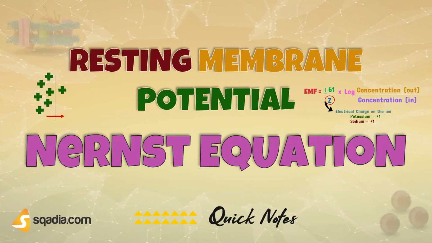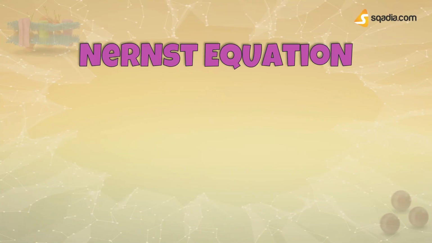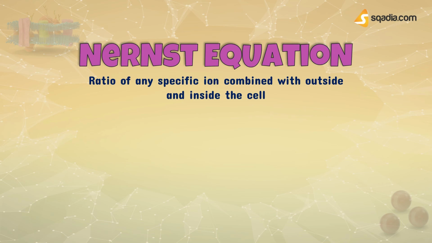So, students, I was telling you about the net resting membrane potential that was around -70 millivolts. We can calculate this with the help of an equation known as the Nernst equation. The Nernst equation tells us about the ratio of any specific ion outside and inside the cell.